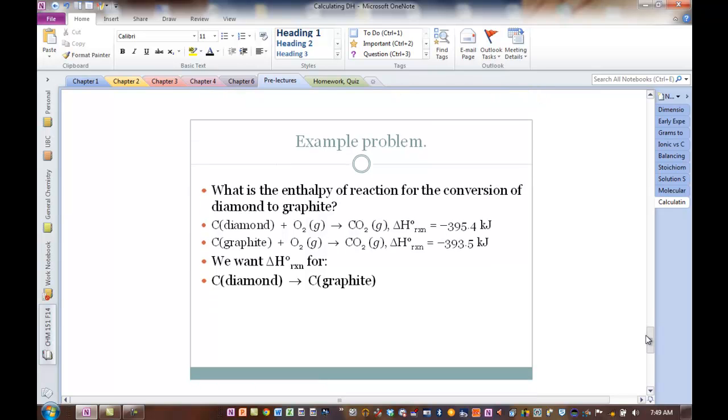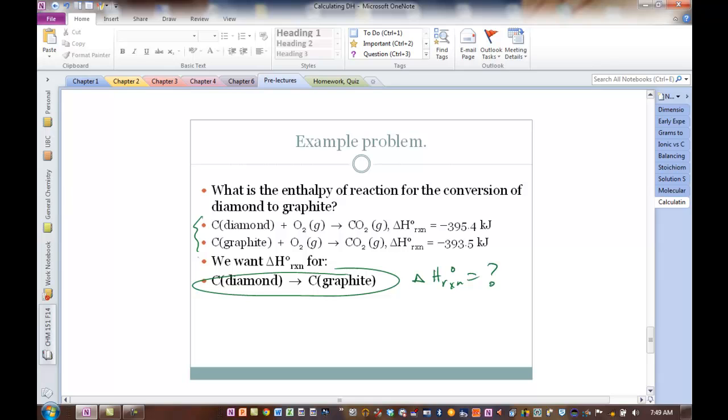So let's look at a quick, short example, and then we'll work one more, and that'll be the end of this pre-lecture. So here is the reaction we want to calculate the delta H for. All right. We have two known reactions up there. So how are we going to do this?